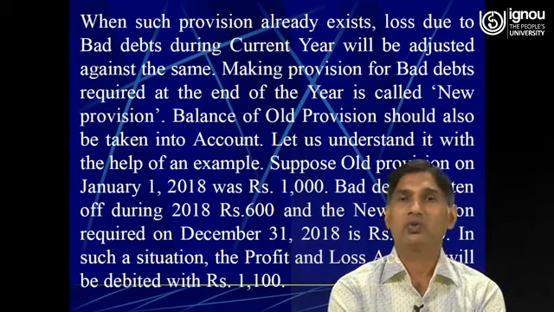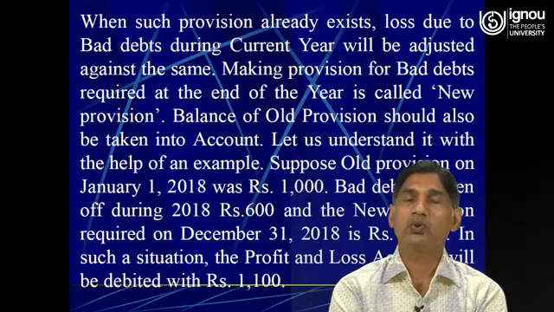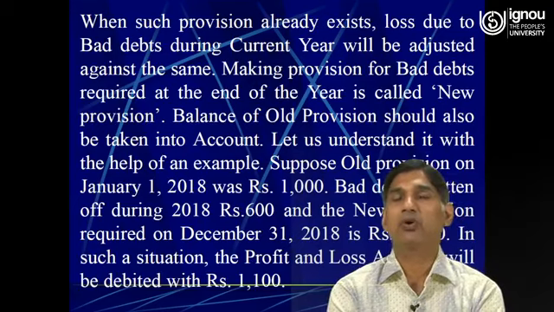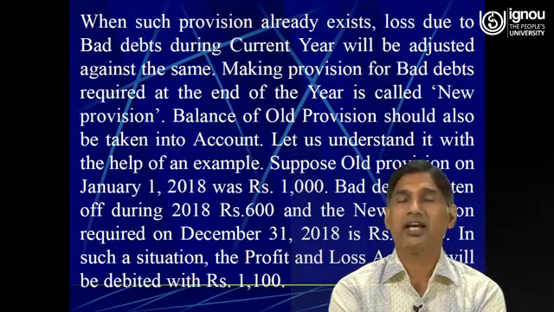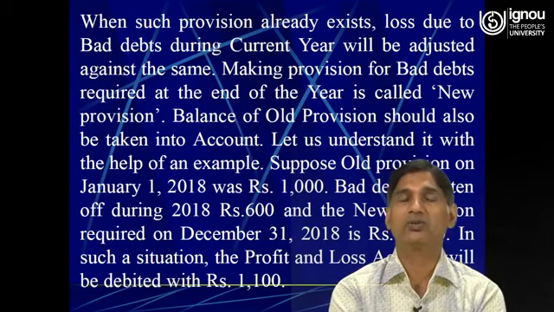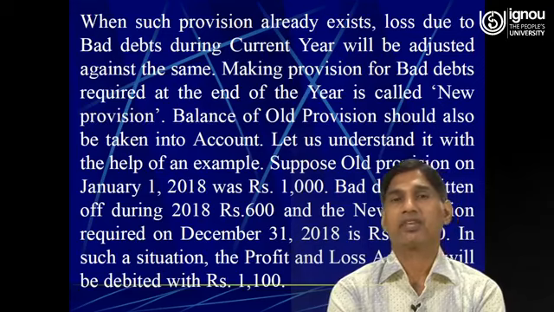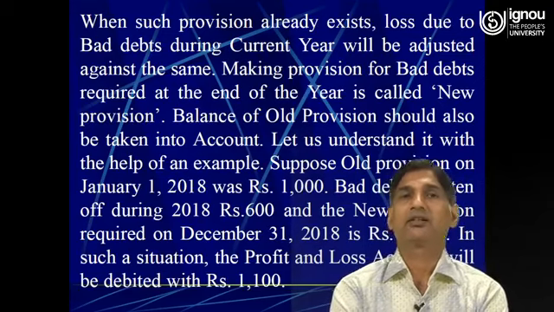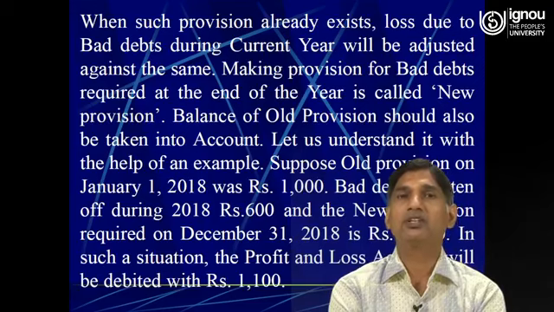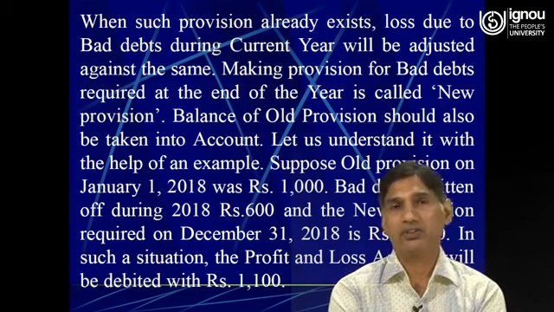It is very simple: you keep an equation in your mind while making a provision for bad and doubtful debts, as far as the amount to be charged to the profit and loss account is concerned. The equation is bad debts plus further bad debts plus new provision minus old provision.